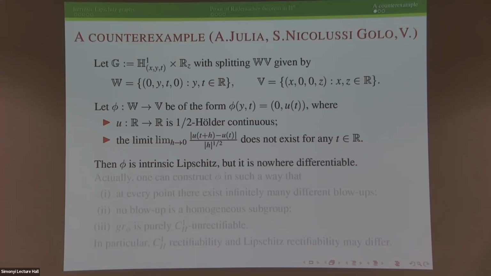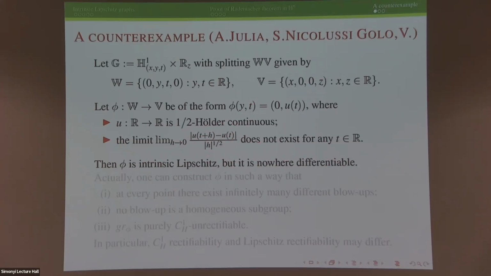But it's nowhere differentiable, because being differentiable would mean that in the blow up you are converging to something vertical. And this would mean somehow that this numerator here is a small o of the denominator. So you would like this ratio to converge to 0. Having intrinsic differentiability would imply this to converge to 0.